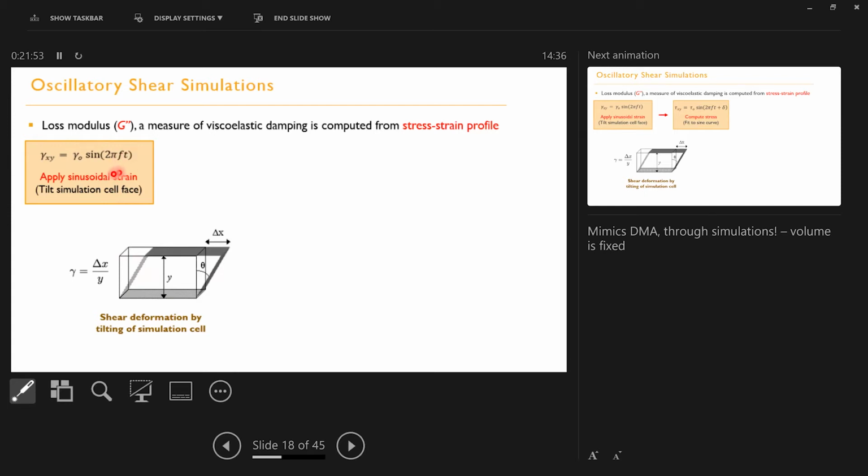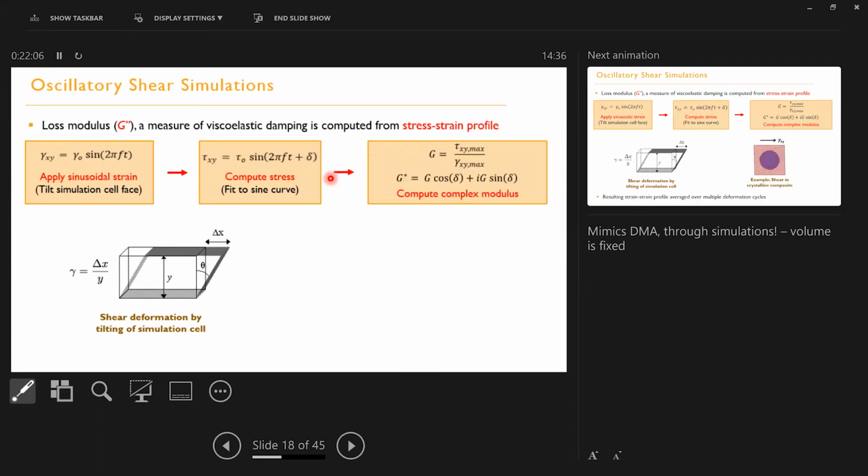So higher the f, the faster is your deformation. Okay. And we can measure the resultant shear stress, and the shear stress will have a phase difference delta, as I just mentioned. And by some very simple curve fitting, you can find out what is the storage modulus and loss modulus. Once you find delta, you know what is G, you can find out what is the elastic modulus and the loss modulus.